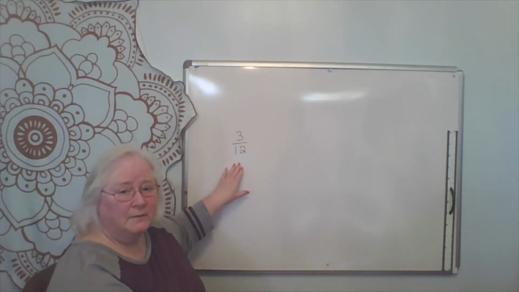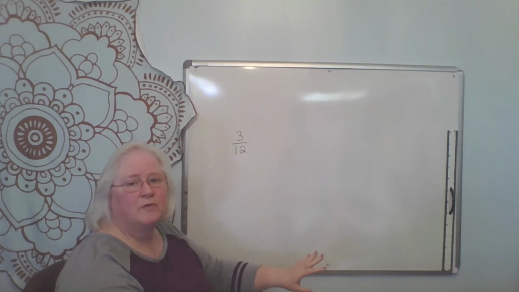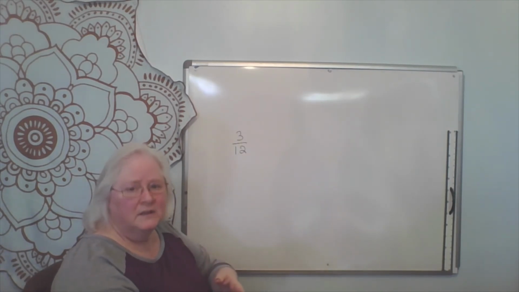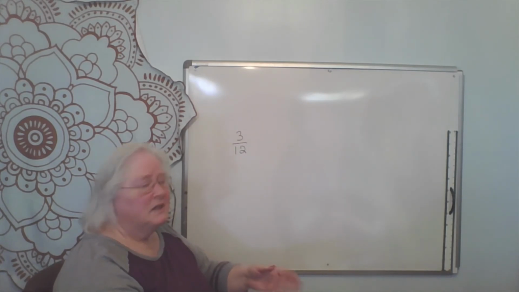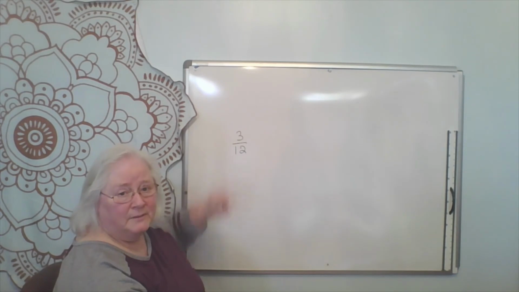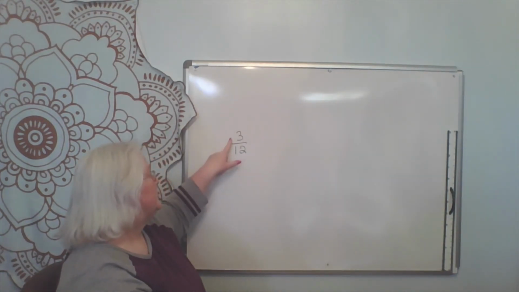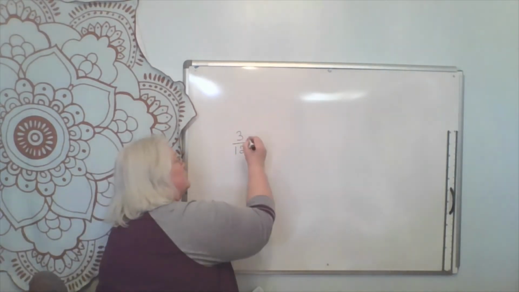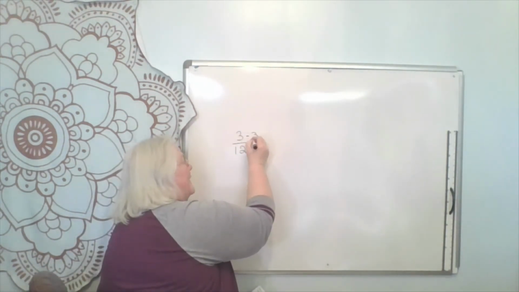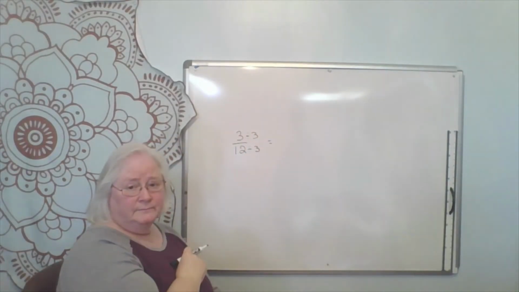If one of the numbers is a prime number, remember a prime number means nothing will go into it except 1 and itself. That's what a prime number is. So if one of the numbers is a prime number, which 3 is, instead of doing the GCFs, what you do is you say 3, how many times will 3 go into 12? Because we're going to divide both by 3, because 3 is a prime number.